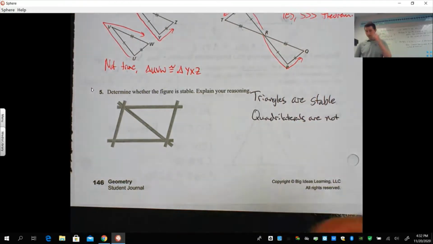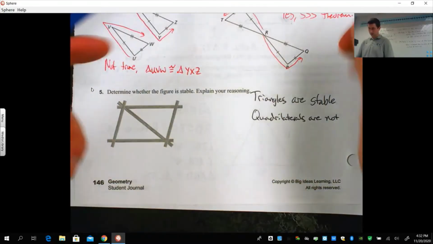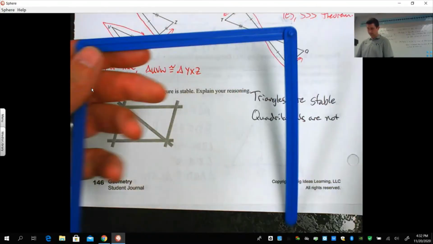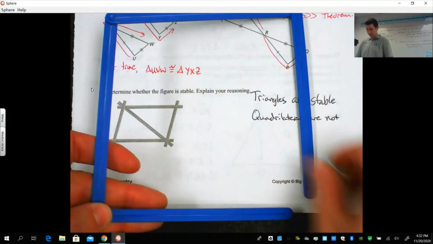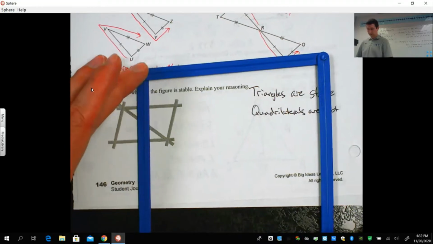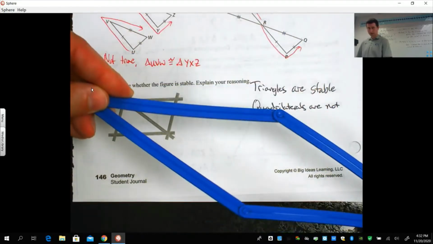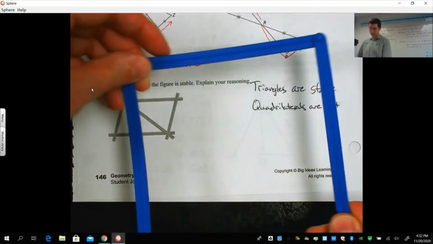All right, so you have this object here, a four-sided object, and they want to know if that is stable. If I build a frame that is a square, and I just have one point of fastener on either side, that is not a stable thing. If I stand on it, whoa, it could collapse like that. So those are not stable.